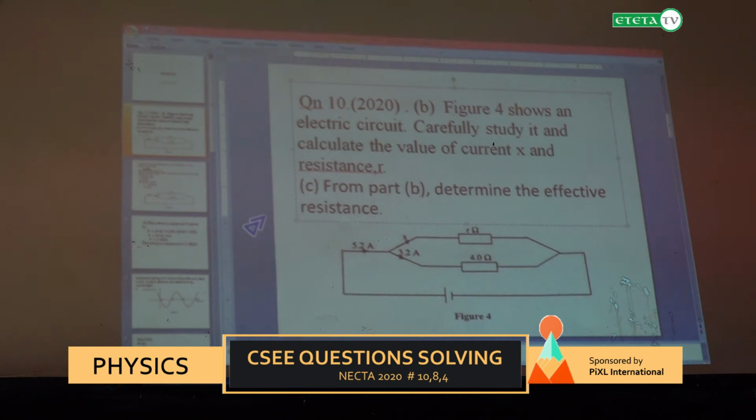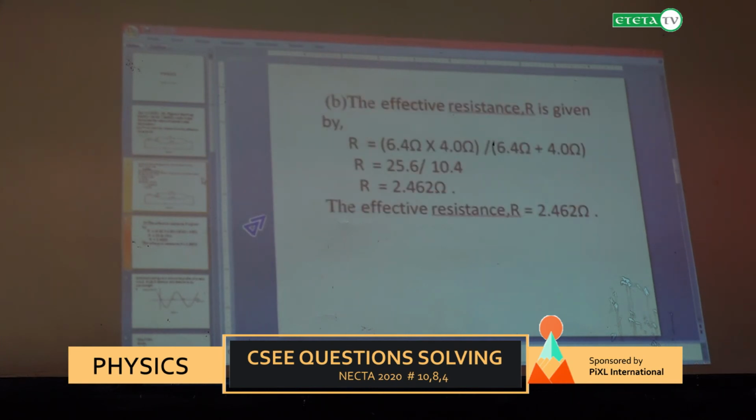Okay, let's see the solution. Now we know that the effective resistance is the total resistance when these two resistors are connected in parallel. Now we have two resistors. The one is labeled as 4 ohms.